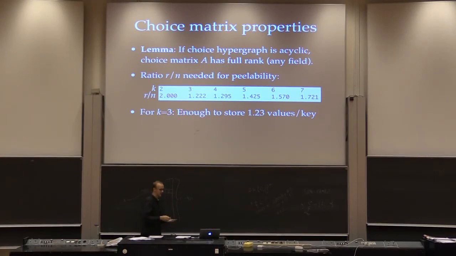And it kind of makes sense: the more ones we put into this matrix, the harder it's going to be to find an isolated one in one of the columns. So k equal to 3 is kind of the optimal choice for this. And this basically means that it's enough to store about 1.23 values per key to solve the retrieval problem.